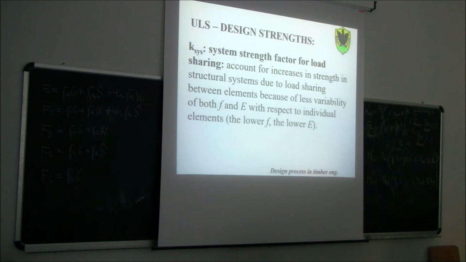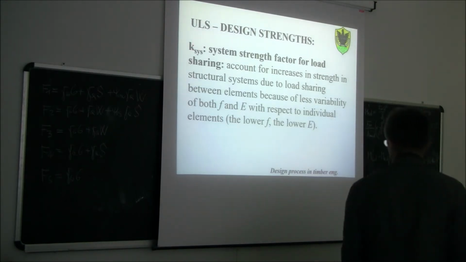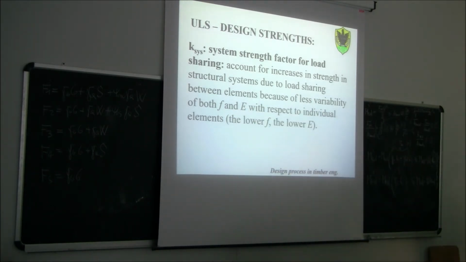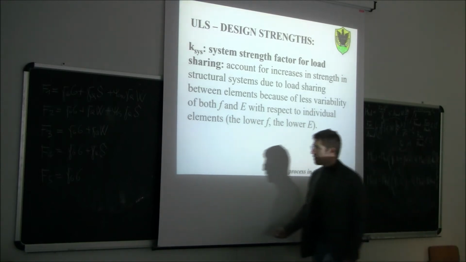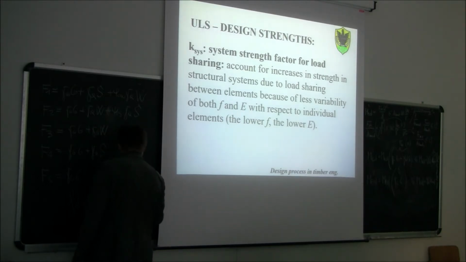Now, if you look at the Eurocode, you will find that there is actually another k coefficient. Strictly speaking, when we write the strength of timber, you can consider another k coefficient. So fd equal to ksys times k mod times fk divided by gamma m.